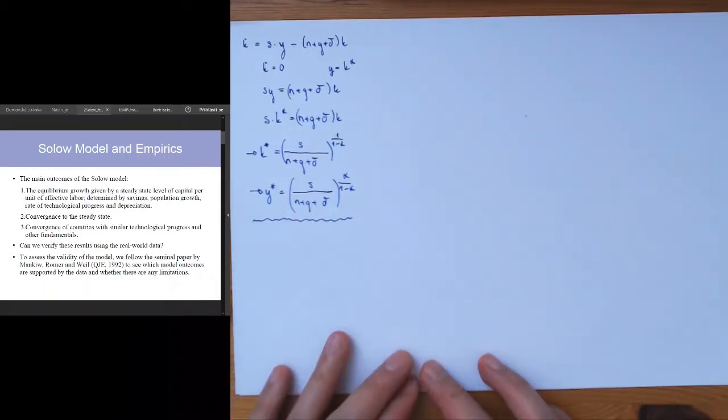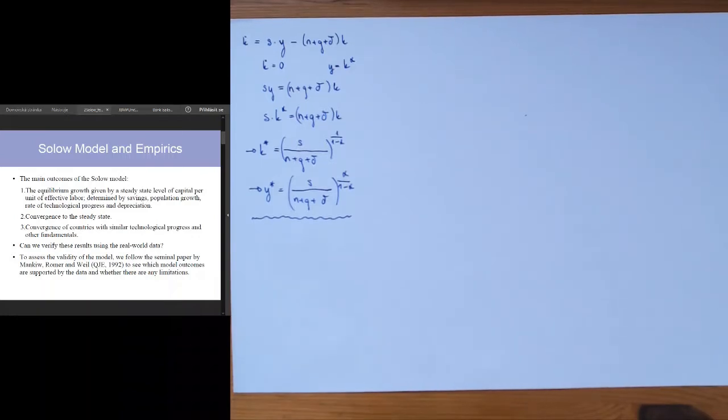So the first part of today's session will be a derivation of a so-called cross-country growth regression, and we will basically follow the approach by Mankiw, Romer, and Weil from their paper from 1992, who pioneered the empirical research in economic growth, and who present a way to verify whether the outcomes of the Solow growth model can be supported by the empirical data.